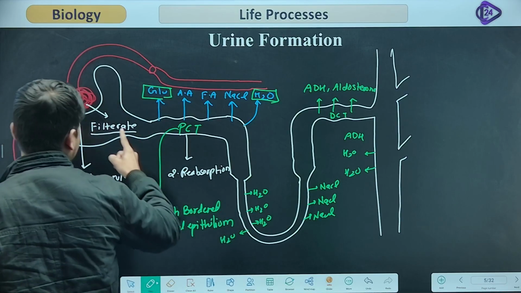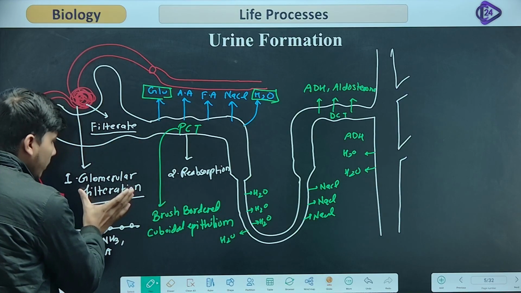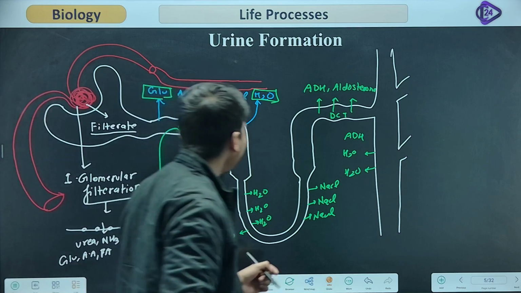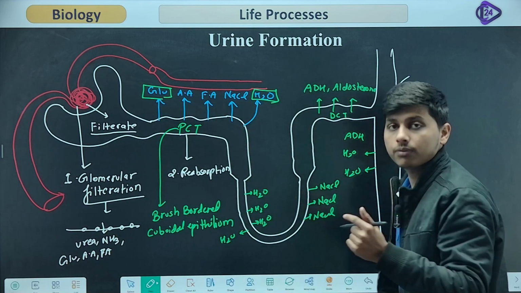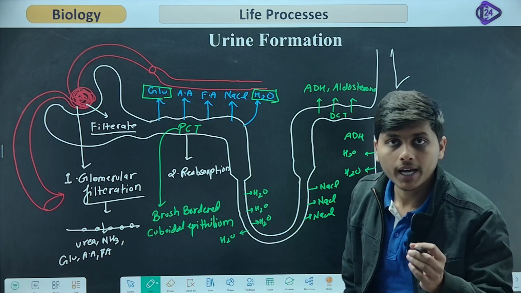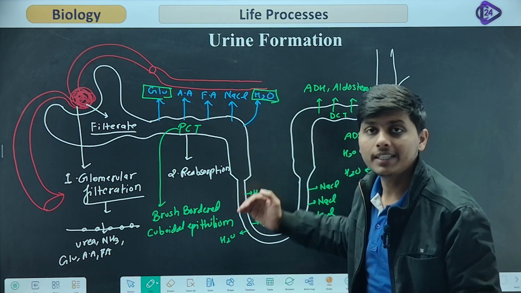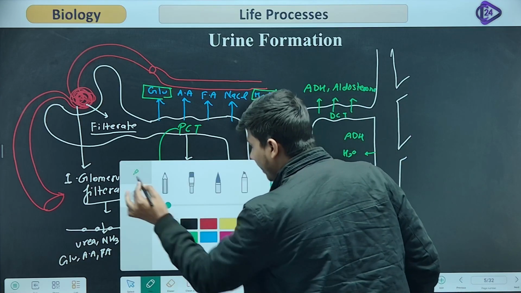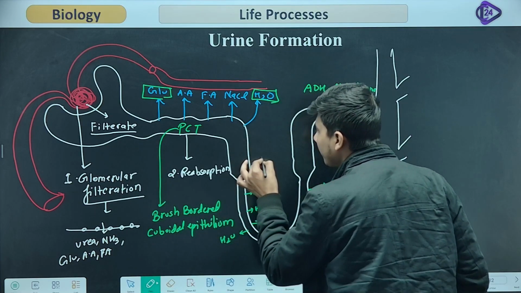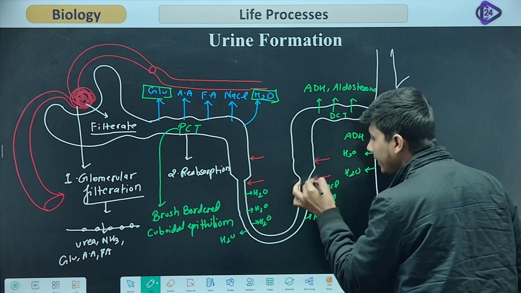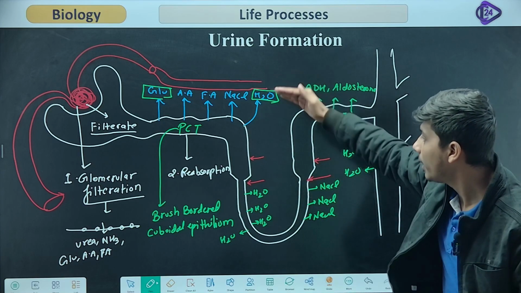The blood gets filtered out. First step, glomerular filtration. Second, important things need to be reabsorbed. And the last one: some amount of electrolytes like potassium, and some compounds like ammonia and urea which remain in the blood need to be excreted out. To maintain the ionic balance of the blood, some things need to be secreted from the blood into the nephron.